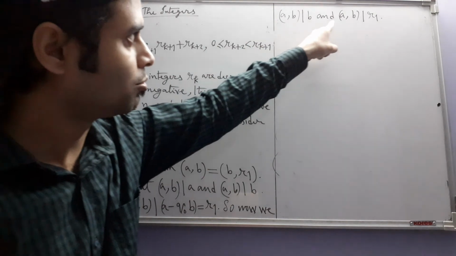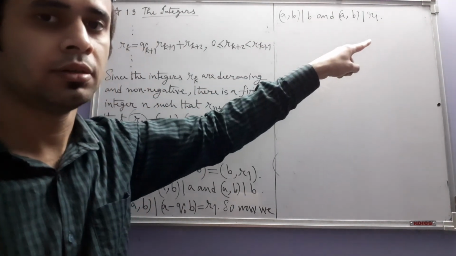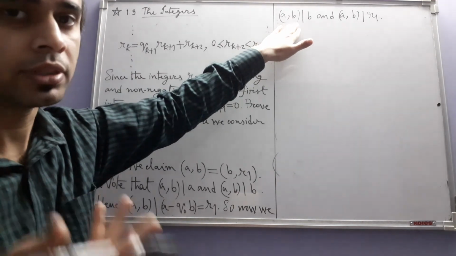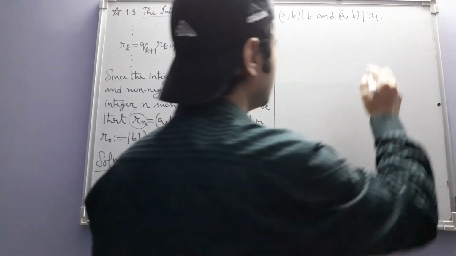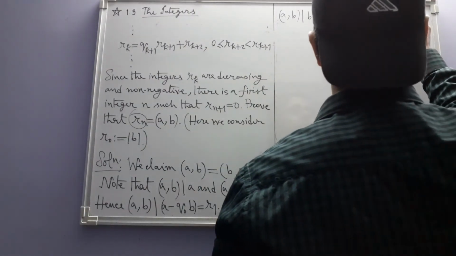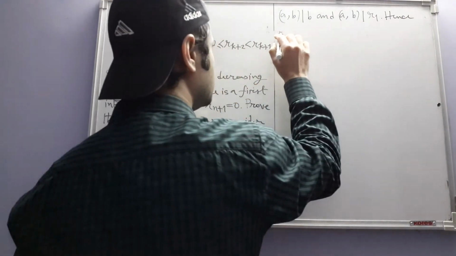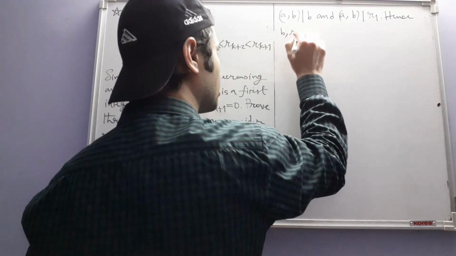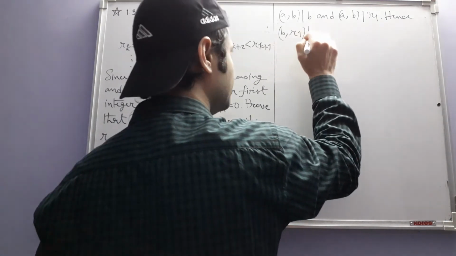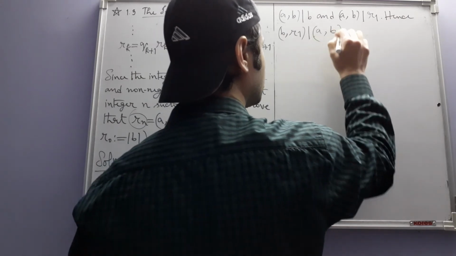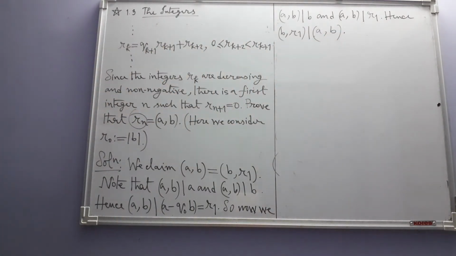This is a common divisor of B and R1. So the GCD of B and R1 has to divide this according to the definition of GCD. Hence, GCD of B and R1 divides this common divisor. Okay, this is one conclusion.